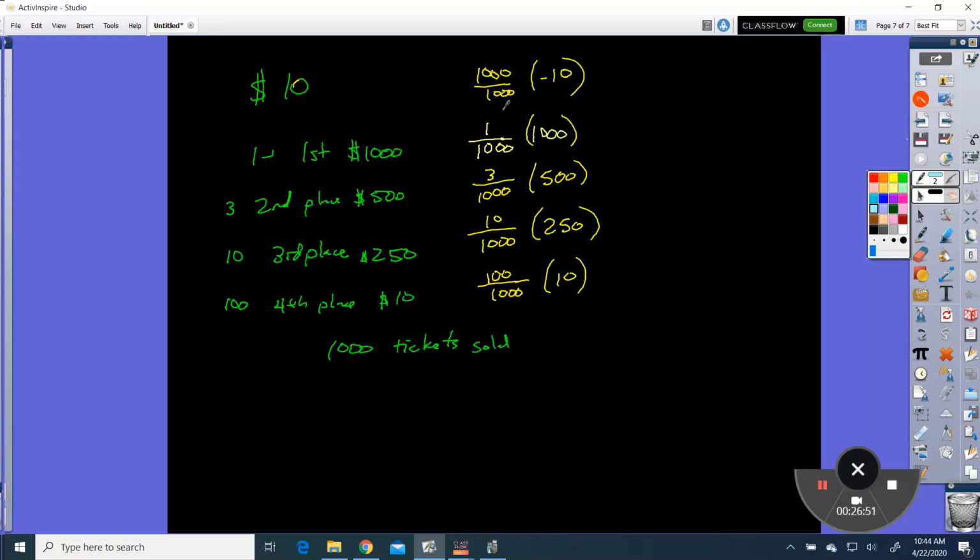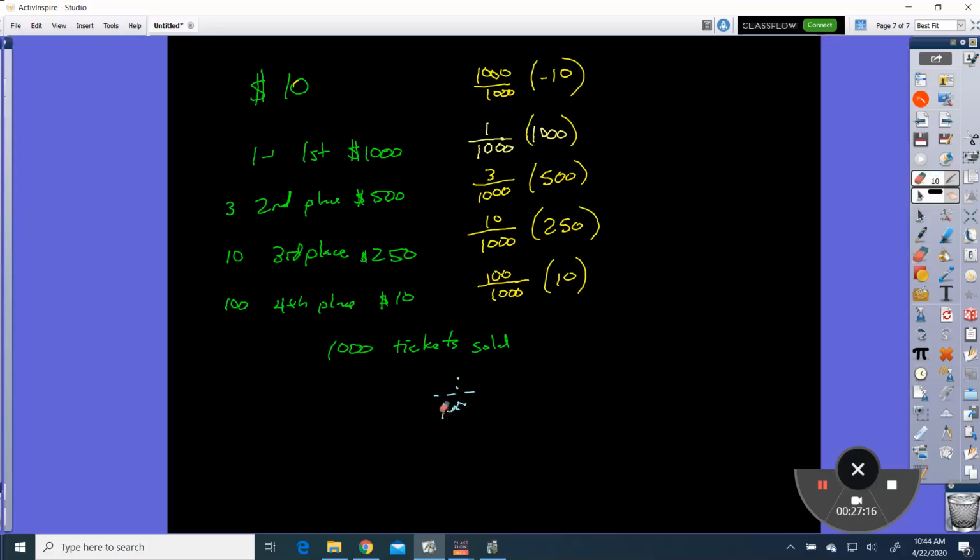That's all that we have to do for expected value: calculate the probability of each event, and then just write it down. Okay, so somebody's going to win $1,000. Here, let's just do this.